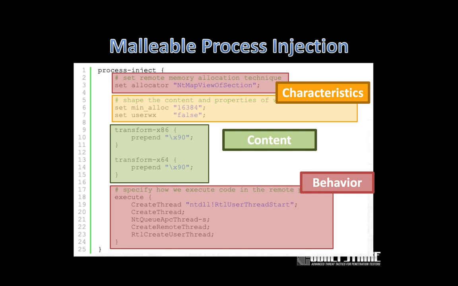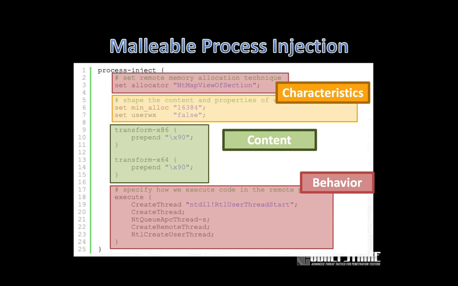For example, the allocator option allows you to choose between VirtualAllocEx or NtMapViewOfSection to allocate data in and copy data to a remote process. You can use min_alloc and use RWX to change the characteristics of that memory in the remote process.